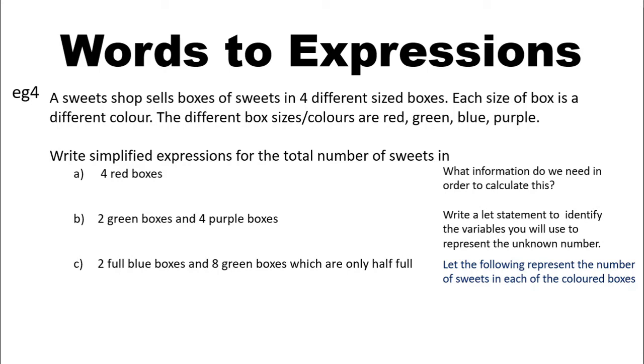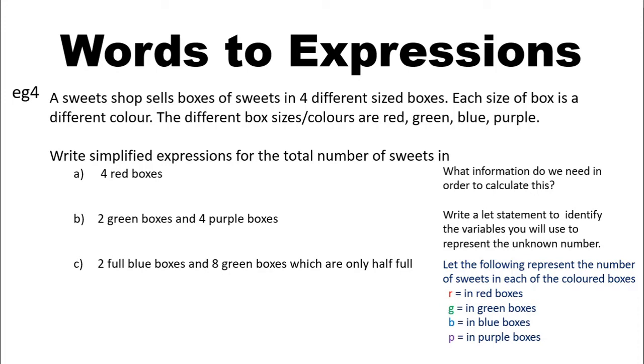Not the color of the box, not the price of the box, not the weight of the box, the number of sweets. R equals the number of sweets in red boxes. G equals the number of sweets in green boxes. B equals the number of sweets in blue boxes. And P equals the number of sweets in purple boxes.